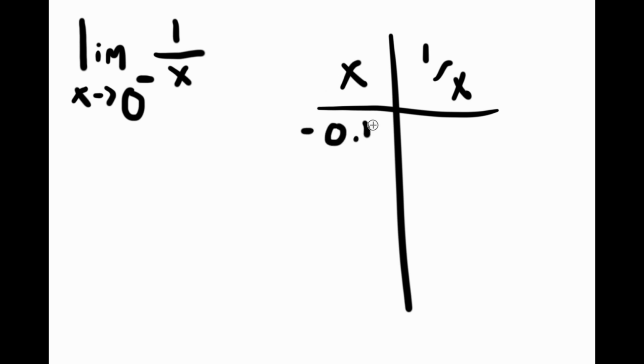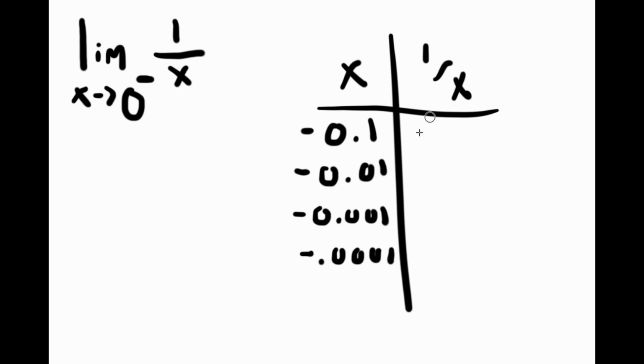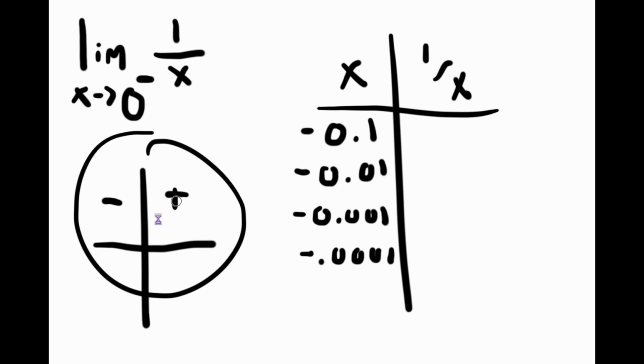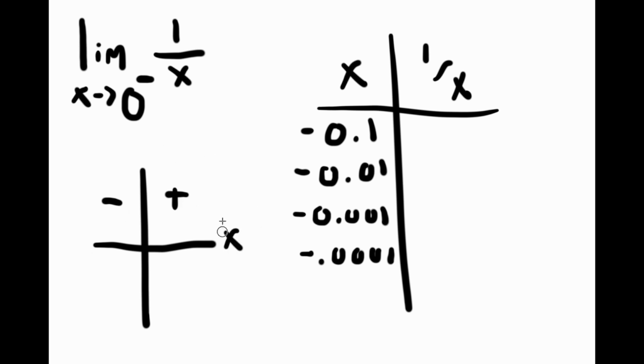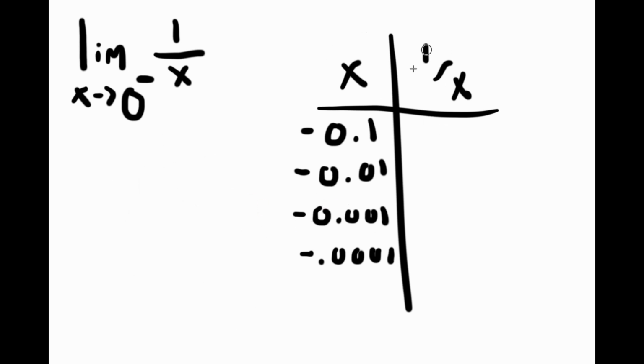So it's going to be negative 0.1, negative 0.01, negative 0.001, negative 0.0001, and so on. And just to clarify, usually we can assume that the left-hand side is negative and positive will be our right-hand side, because that's on the x axis.